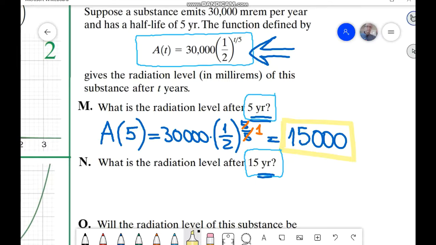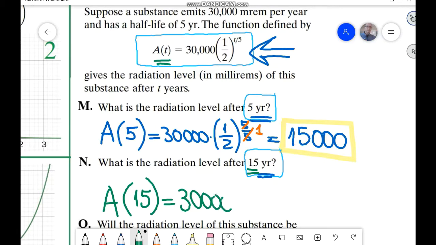Letter N, same thing. Apply the function A of t, but now t is 15. A of 15 equals 30,000 times 1 over 2 to the 15 over 5.